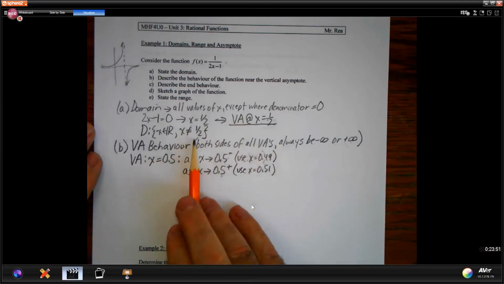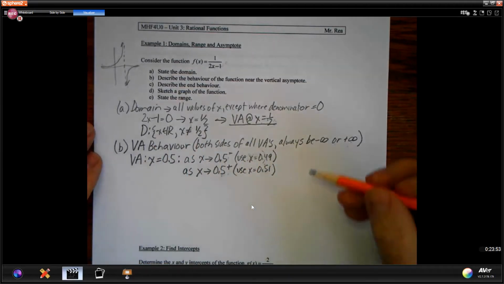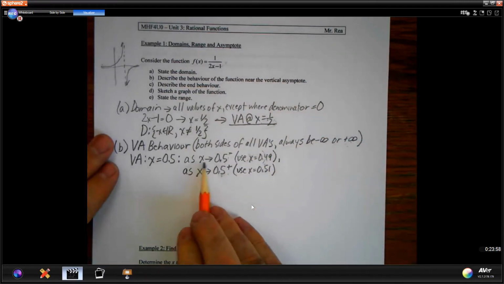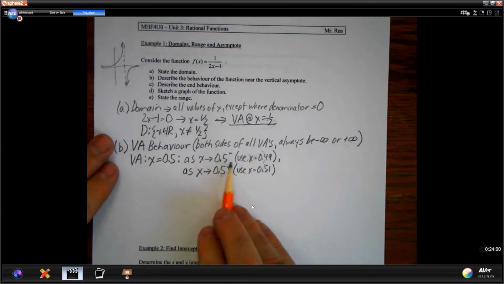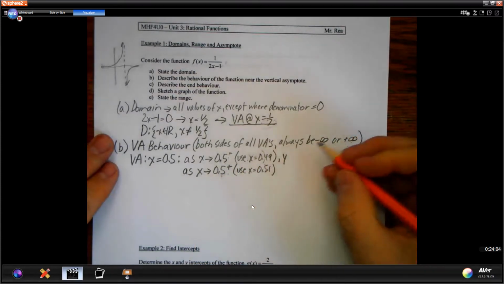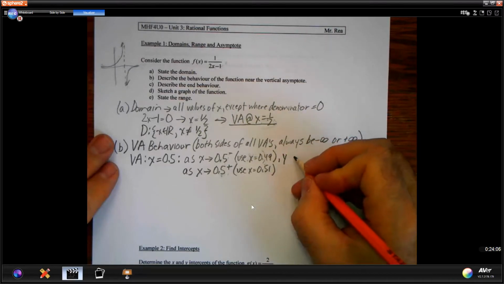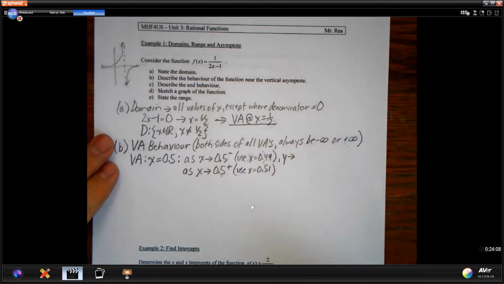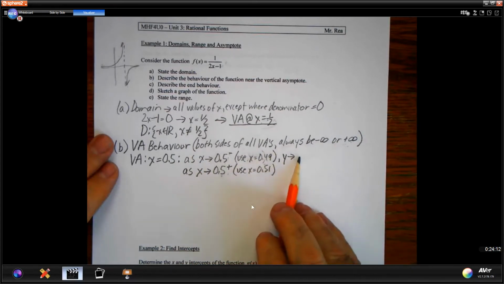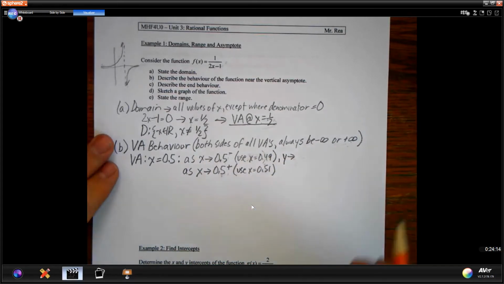Because you're going to get 0 in the denominator. So let's see what happens. On the first branch, on the negative branch, the left side, what we're looking at is what's happening to y. So y will always be approaching, and I've already said the answer is either going to be positive or negative infinity, but let's just see how we get that.